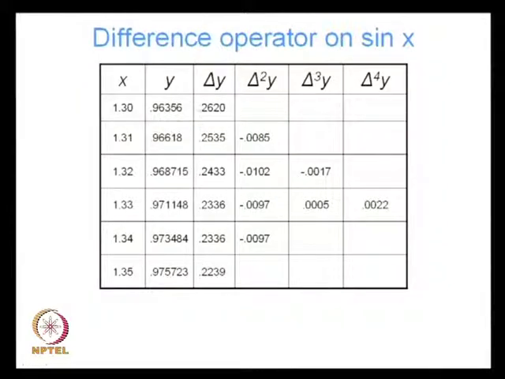The first thing that I talked about was the fact that when you have a perturbation in the initial data, when you take repeated differences, that perturbation gets amplified. So when you have an error in the initial data, that error becomes amplified.